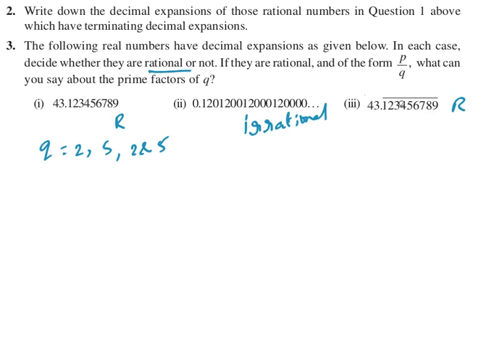Here this is a repeating pattern, so the denominator is not of the form 2 or 5 or 2 and 5. Along with this, some other number also will come. So only we are getting a repeating pattern. This one is terminating. So definitely the denominator has multiples of 2 only, or multiples of 5 only, or multiples of 2 and 5. So only then the decimal expansion is terminating.